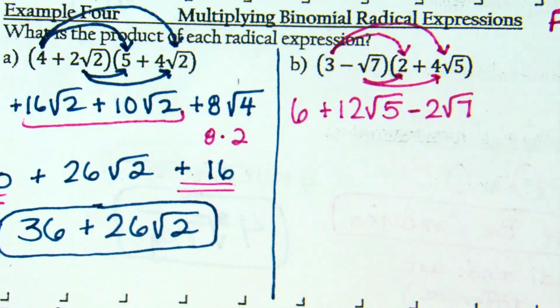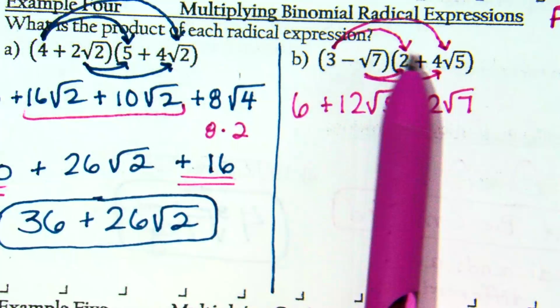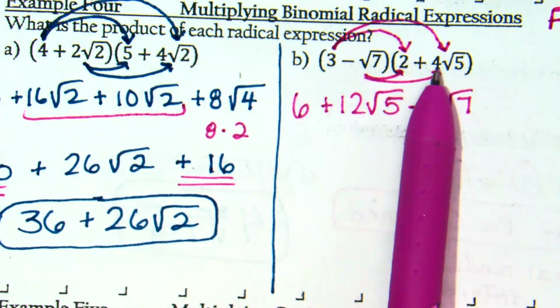So, what has to be true to multiply? Only the indexes have to be the same. So, square root of 7 times square root of 5 is going to be square root of 35. And of course, there is a 4 out front. So, minus 4 square root of 35.